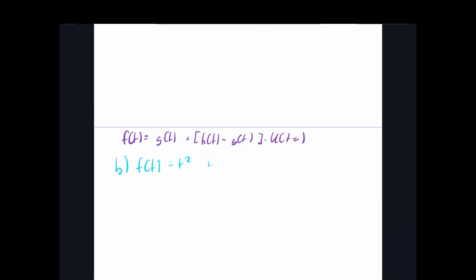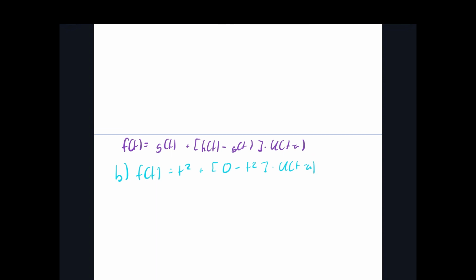So our g at t is t squared. And then the second half of this will be plus 0 minus t squared times u at t minus a. Okay, cool.